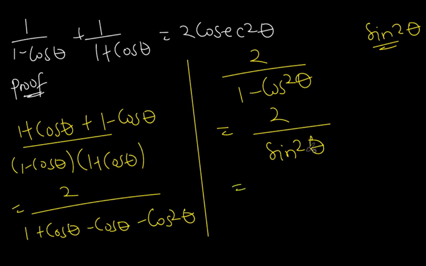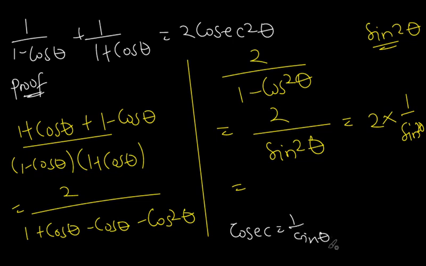So 2 over sin square theta can also be written as 2 times 1 over sin square theta. But remember, I earlier showed you an identity where cosec theta is equal to 1 over sine. So if cosec theta is equal to 1 over sine, it makes sense to say that cosec square theta is equal to 1 over sine square theta.